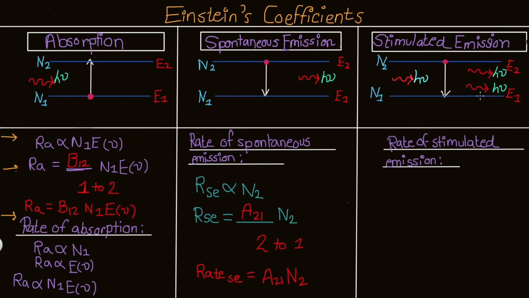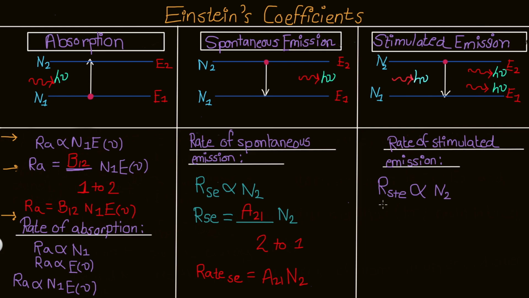So the rate of stimulated emission, I'll just do it back in purple, STE, is directly proportional to, so depends on, N2. I think this again makes sense because initially it's at N2 and it's jumping from N2 to N1.